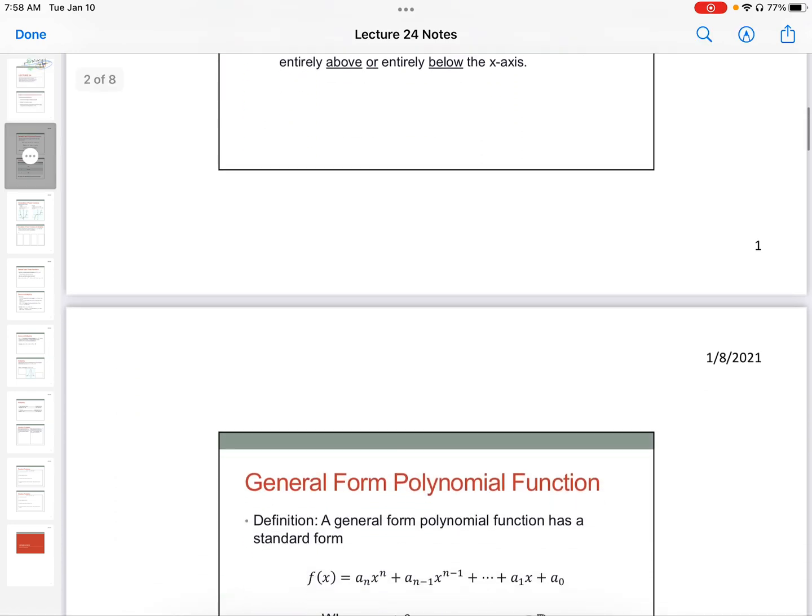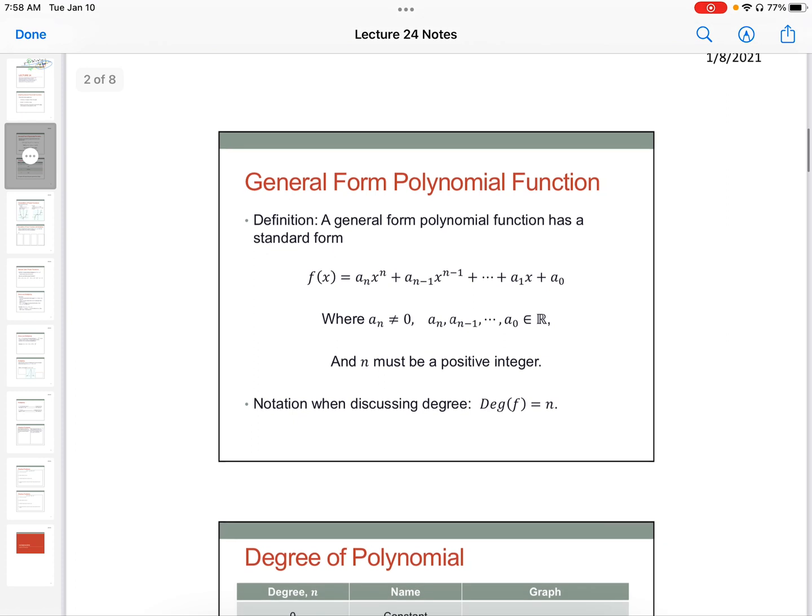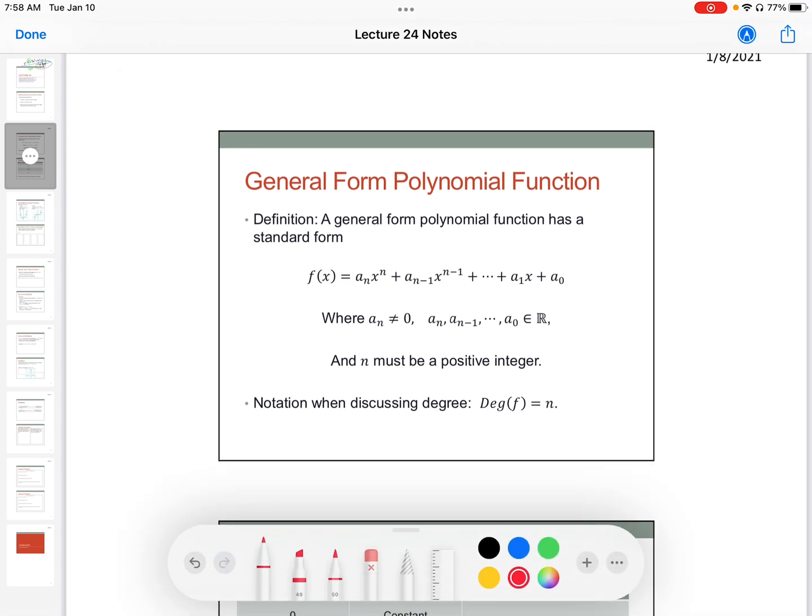So let's keep moving. General form of a polynomial function. We've gone over this one before. This was actually one of your test questions. You had to have this memorized. f of x equals a sub n, x to the n power, plus a sub n minus 1, x to the n minus 1 power, plus dot dot dot, all the way down to a sub 1 x plus a sub 0.